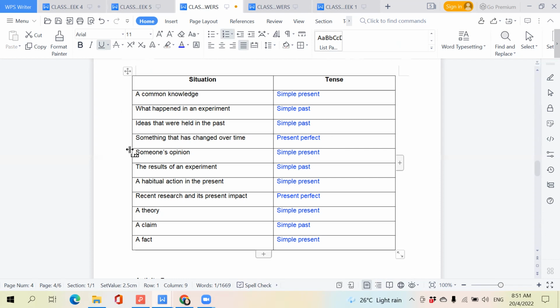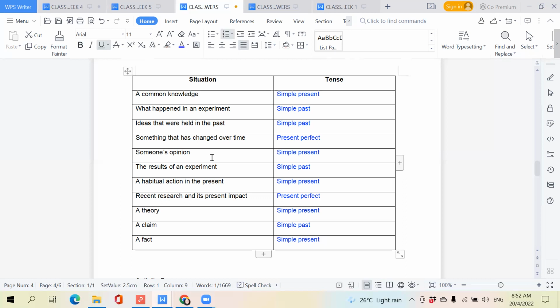So this is something that has changed over time. For example, you were a first year student, and then you were a second year student, and now you're a third year student, etc. etc. So this is something that has changed over time, present perfect. So benda yang dah berlaku is something that happened in the past, but still continuing today, present perfect.